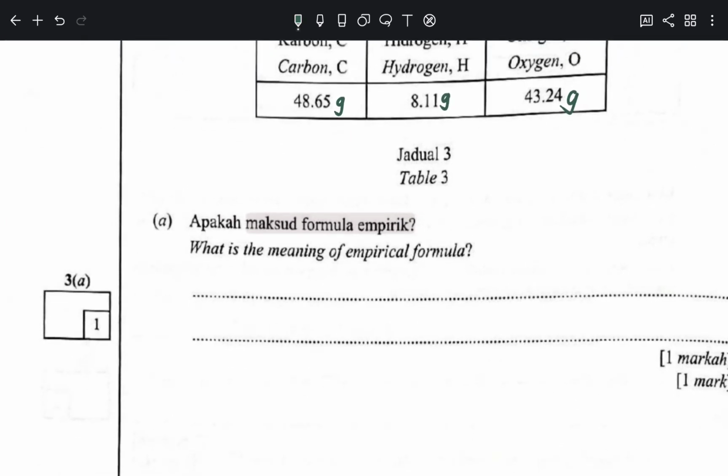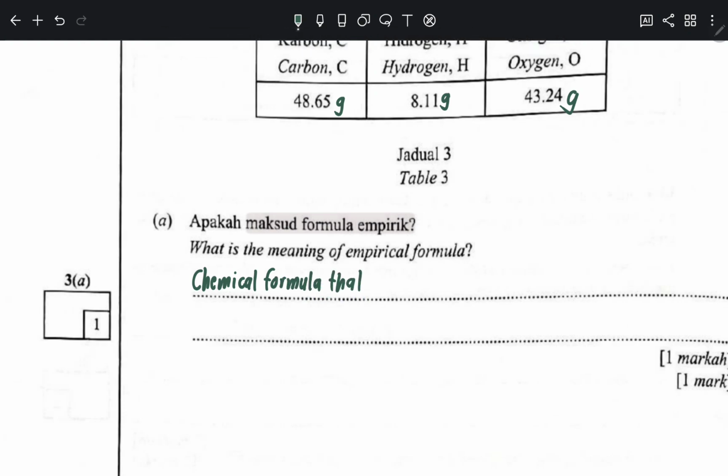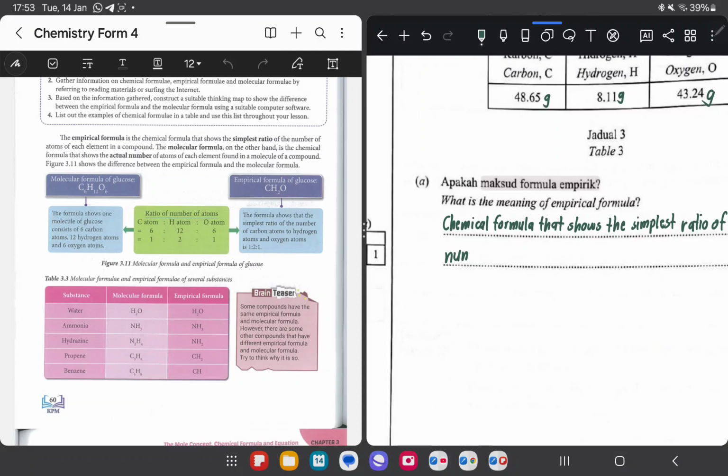So you can say empirical formula, I want to try English lah: a chemical formula that shows the simplest ratio of the number of atoms for each element in a compound.